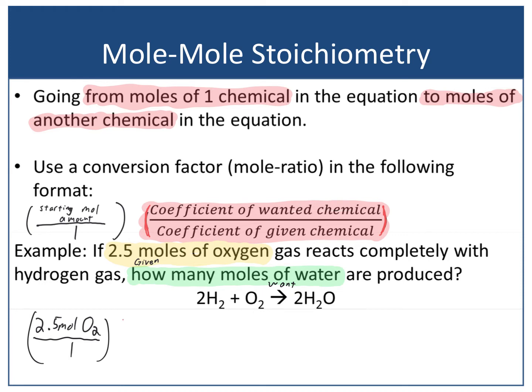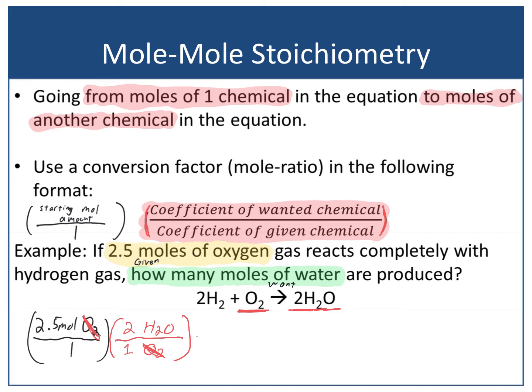So what I'm going to do is I'm going to multiply this by the coefficient of the wanted chemical from the balanced equation right here, 2 H2Os, over the coefficient of my given chemical, which was O2. There is no coefficient, so that means there's a little 1 hidden. Notice how my oxygens cancel out.